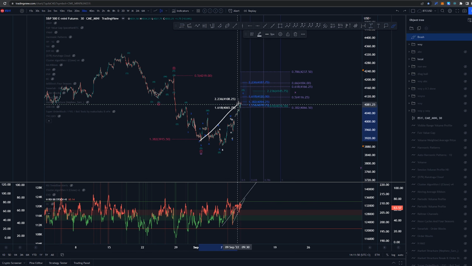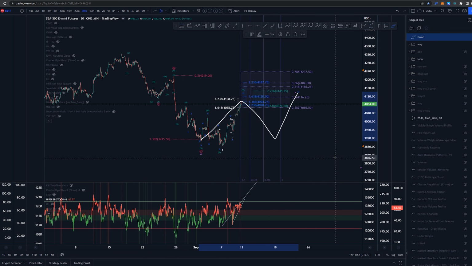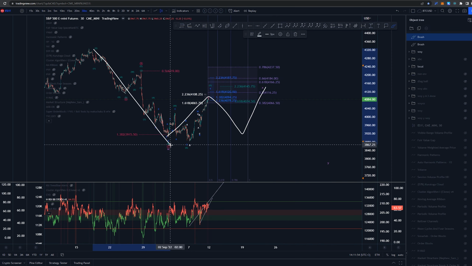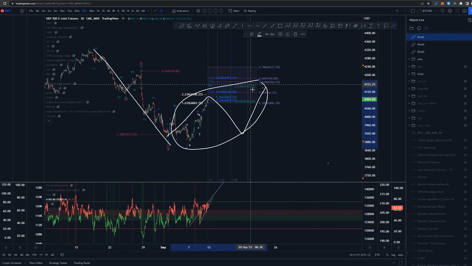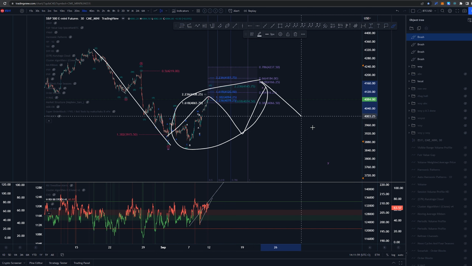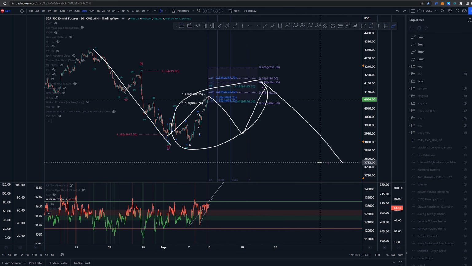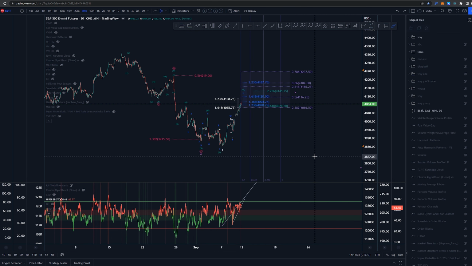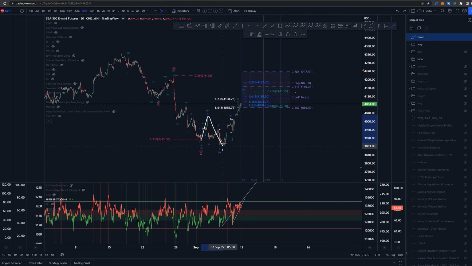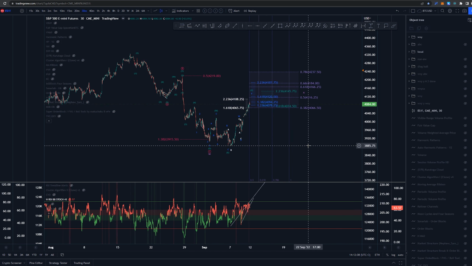So in that scenario we would create something like that, and then and only then we would be creating basically the next structure downwards for this wave Y. But either of them are possible now, again, as we have wasted enough time here with this structure in mind.